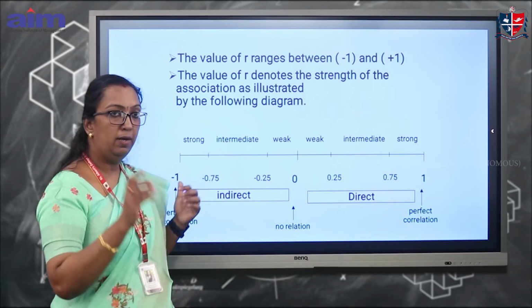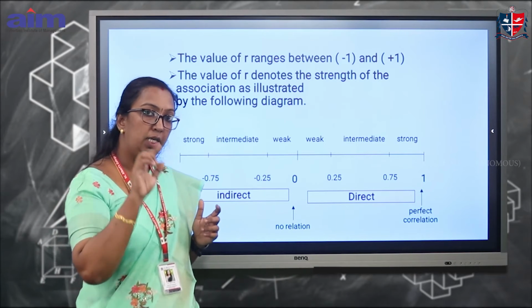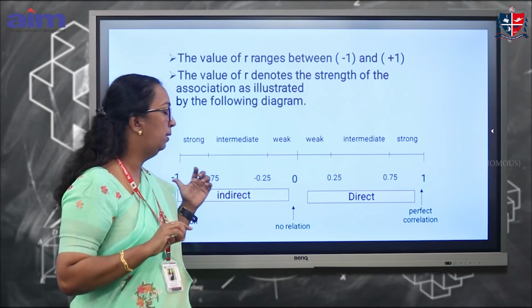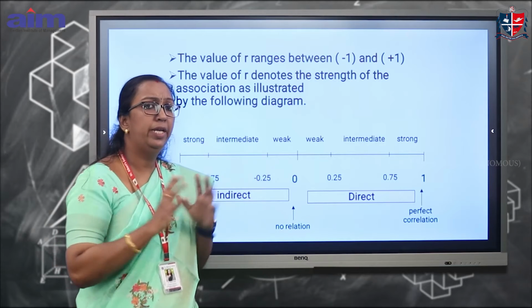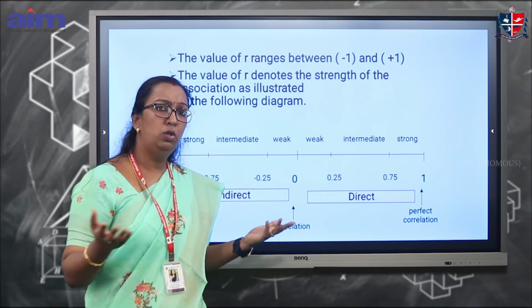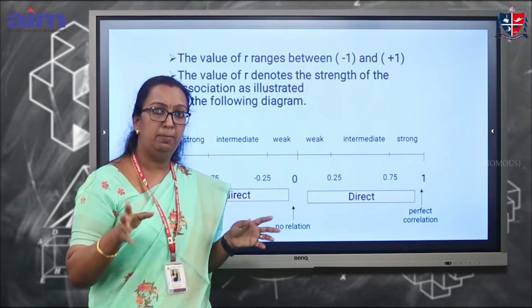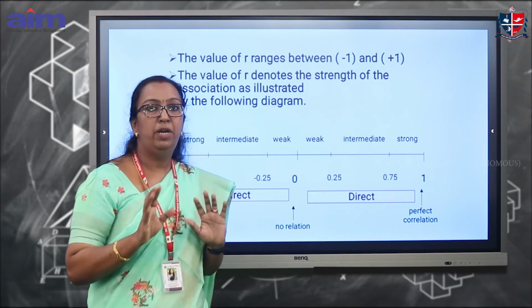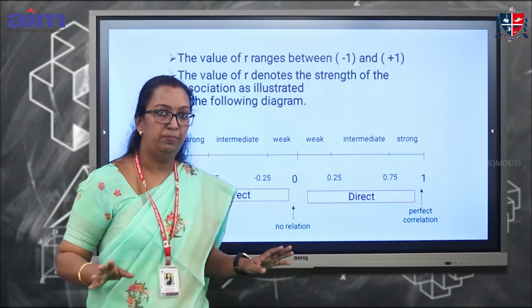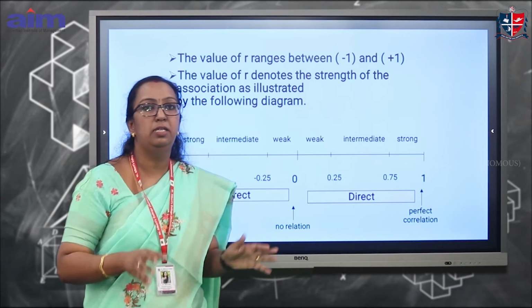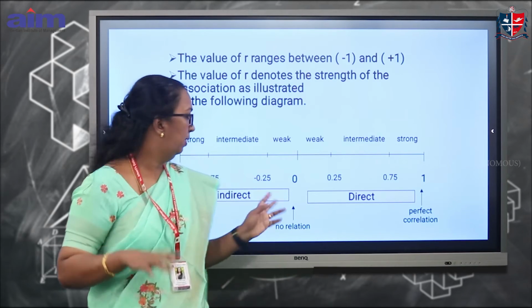As I told you earlier, the r value lies between -1 and +1. That is the only value that you will get. If you are getting any value beyond -1 and +1, that means somewhere you have done wrong, and the correlation analysis that you have done is completely wrong. So the r value you only get between -1 and +1.